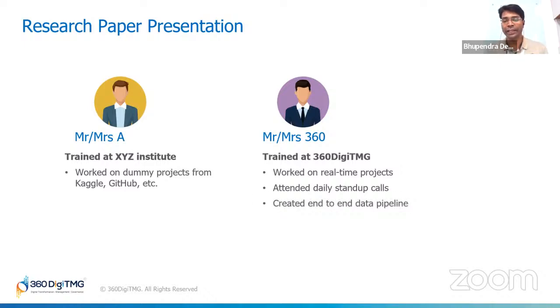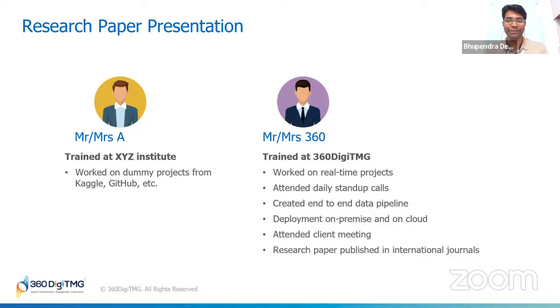He or she created an end to end data pipeline, and has done deployment on premise and on cloud. Yes, Mr. or Mrs. 360 knows how to deploy it and has attended client meetings. Of course, last but not the least, he or she has a research paper published in an international journal.